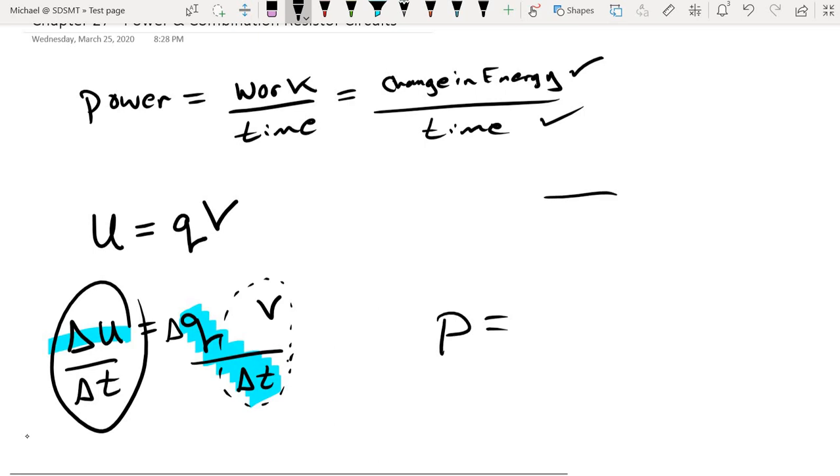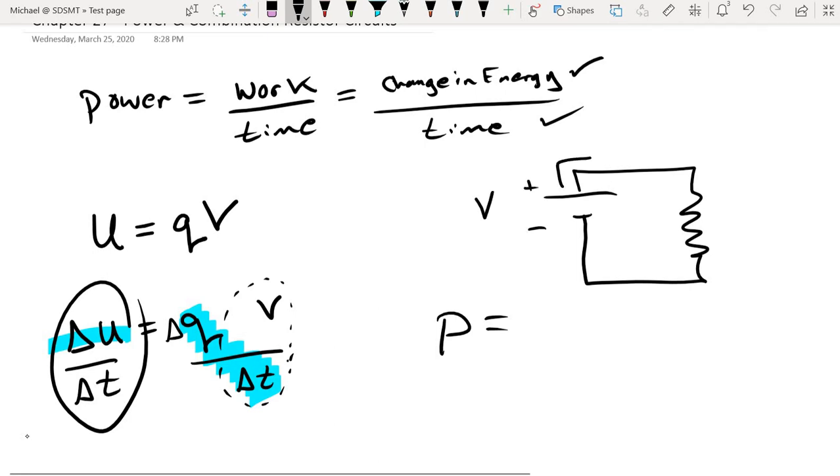And specifically, what we're after is something like in the case of a resistor, where we have a constant potential being provided by the battery. That battery is going to produce some current that goes through our resistor.